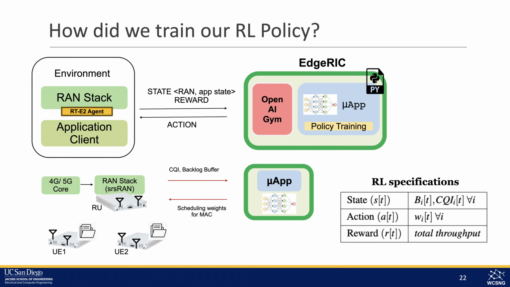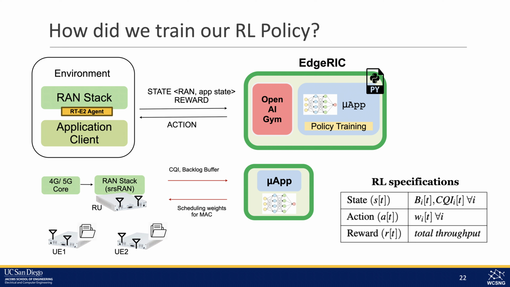And how did we train our policy? As was spoken about in the talk just before mine, we treat the RAN as our environment, which sends all the metrics for that particular TTI. We can also get a bunch of metrics from the application servers themselves, which come to EdgeRIC. So the state comes from the environment to EdgeRIC.